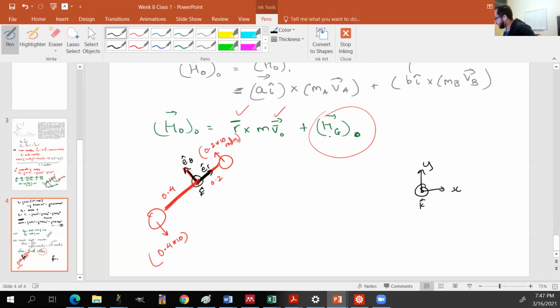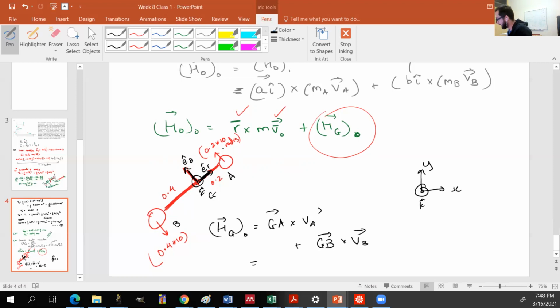All right. So now to find this, I'm going to use this frame of reference. I'll have HG at that point, and remember, this is moment of momentum. So this is GA, this is GB. This vector is just going to equal GA crossed with VA prime, plus GB crossed with VB prime.